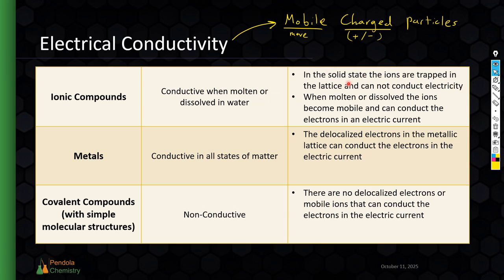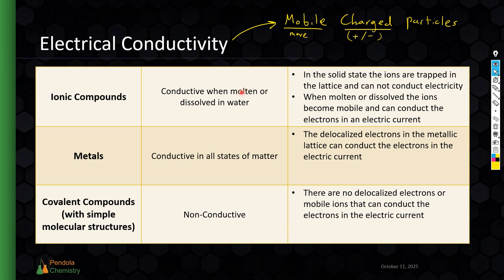Why? In the solid state, there are charged particles in an ionic compound. You have ions. However, they're trapped in the lattice. They cannot conduct electricity because they're not mobile. However, when we melt or dissolve that ionic compound in water, those ions are freed from the lattice. They're released.